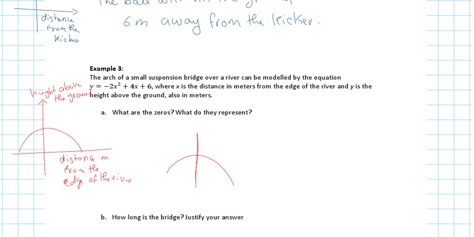Now, what are the zeros and what do they represent? How do you find the zeros? Factor. What's the first thing I need to do when I'm factoring? Negative 2. So I can divide each term by negative 2.